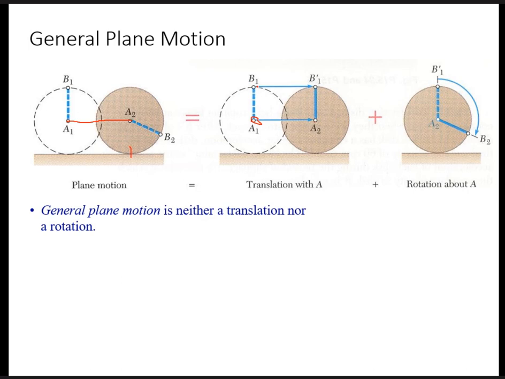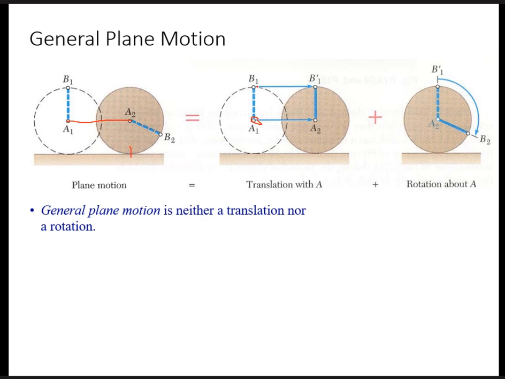Or rather, omega you have to find out: some points will be given and you have to find the other. RB/A you can find, VA is known, VB is known, you have to find omega. Or omega is given, RB/A you can find, VA is known, velocity of B you can find. So this is how we proceed.